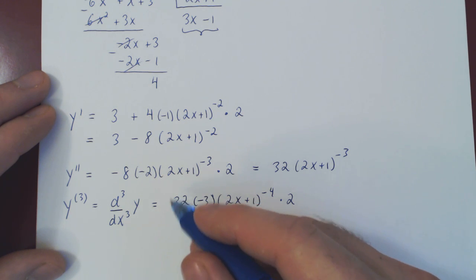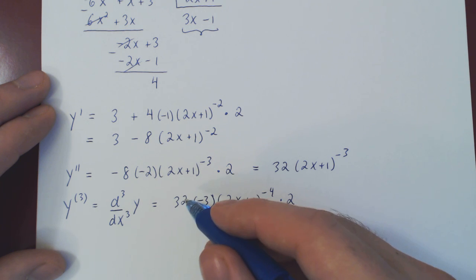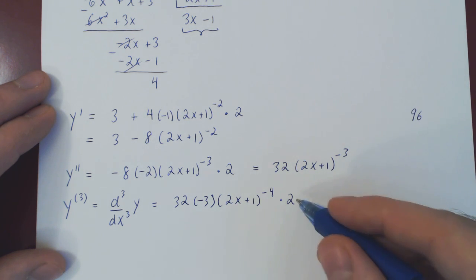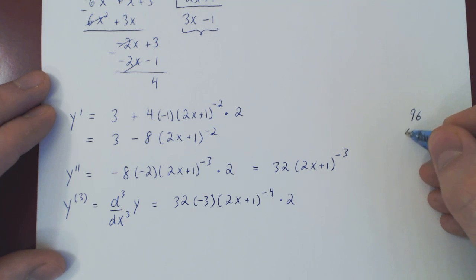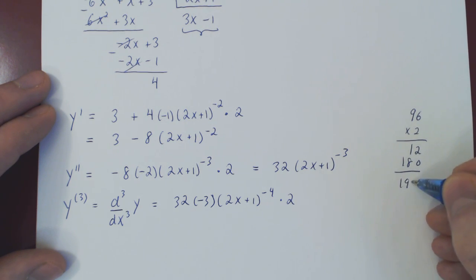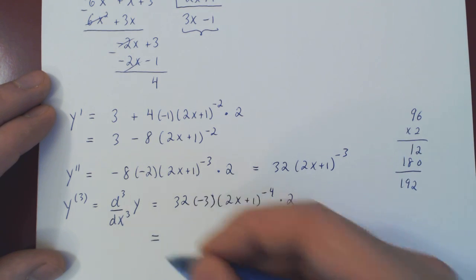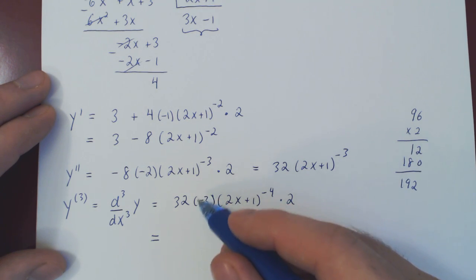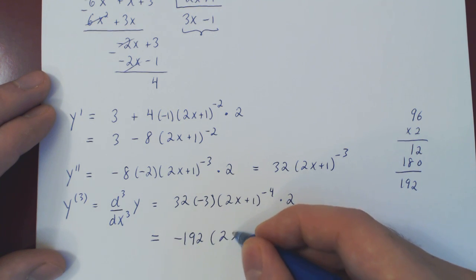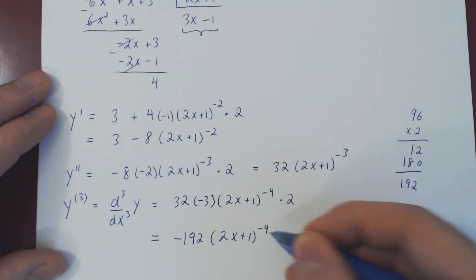Well, 3 times 30 is 90, plus 6, 96, times 2. 2 times 6 is 12, 2 times 9 is 18, so we get 192. So our third derivative, of course with a negative 3, is negative 192 times 2x plus 1 to the negative 4.